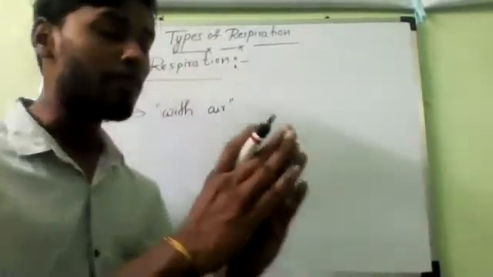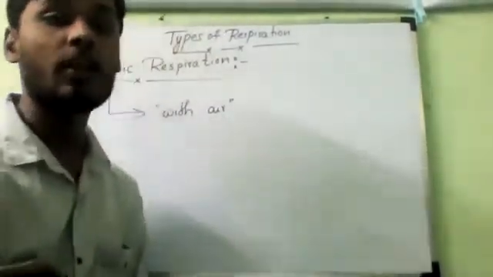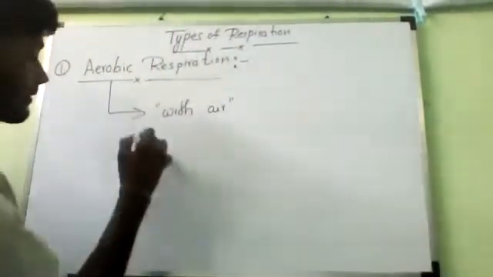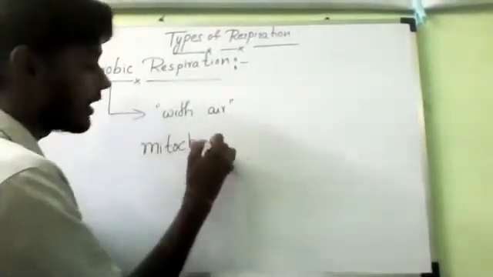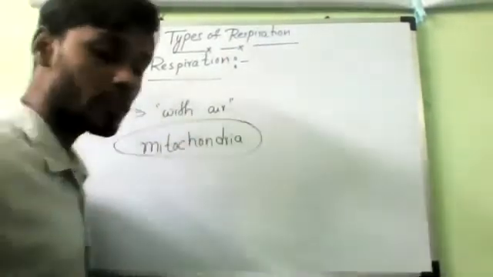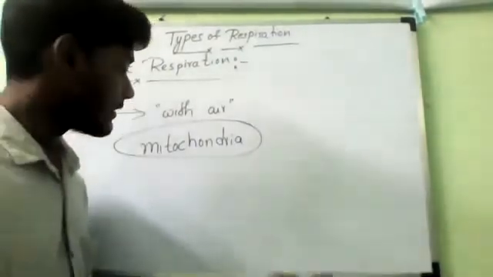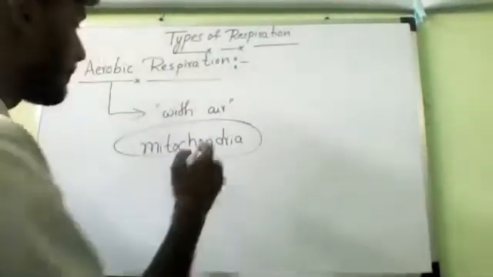So the breakdown of this pyruvate to give carbon dioxide, water, and energy, everything takes place in the mitochondria. That is what you should remember. Breakdown of glucose takes place in the cytoplasm, and breakdown of pyruvic acid takes place in the mitochondria.